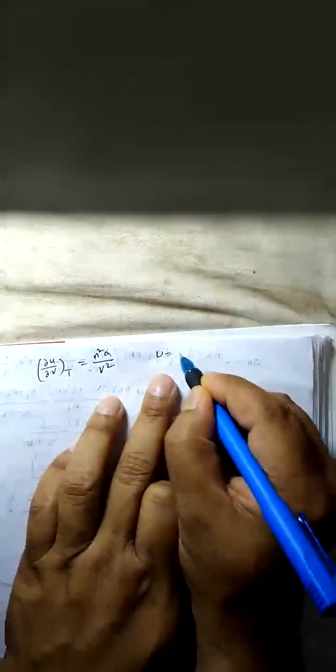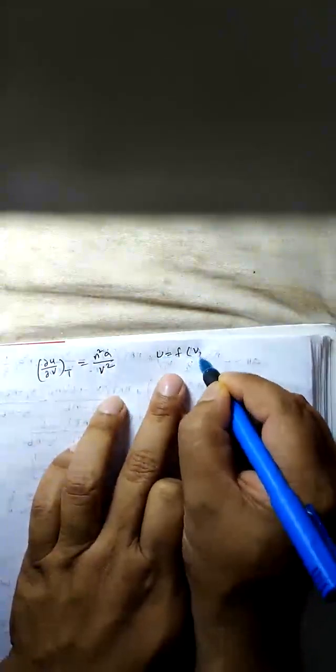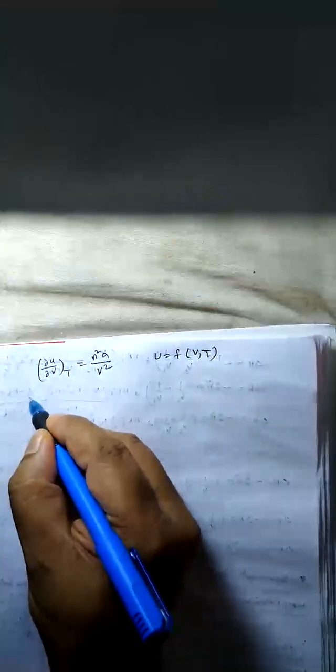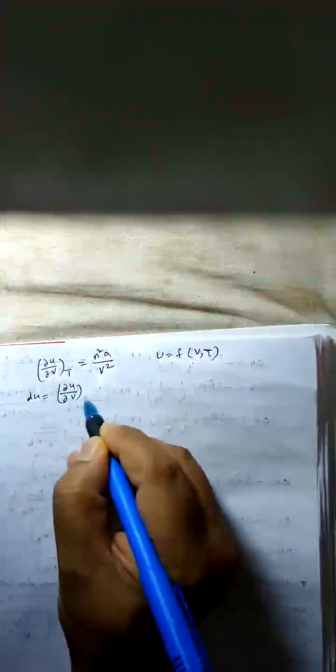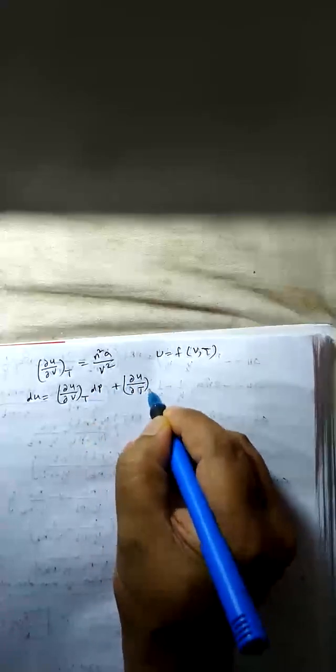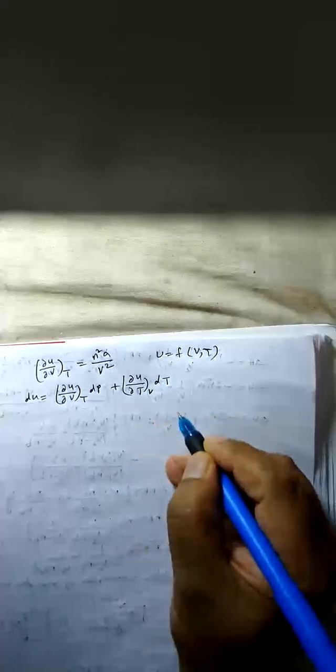again you write U is a function of V and T. Then your dU is equal to ∂U/∂V at constant T dV plus ∂U/∂T at constant V dT.